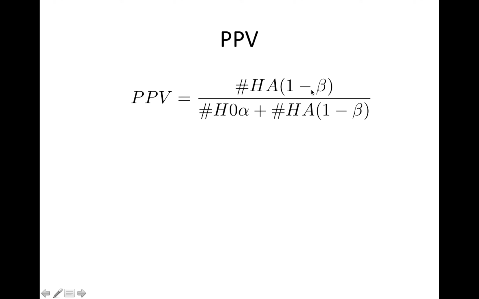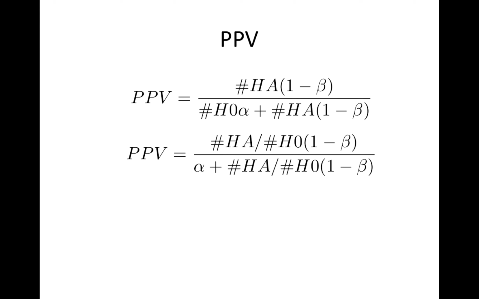So again, the numerator is the number of times we rejected the null correctly, and the denominator is simply the number of times we rejected the null. So relating it back to the word definition I had, it is the proportion of times we reject the null that we've done so correctly.